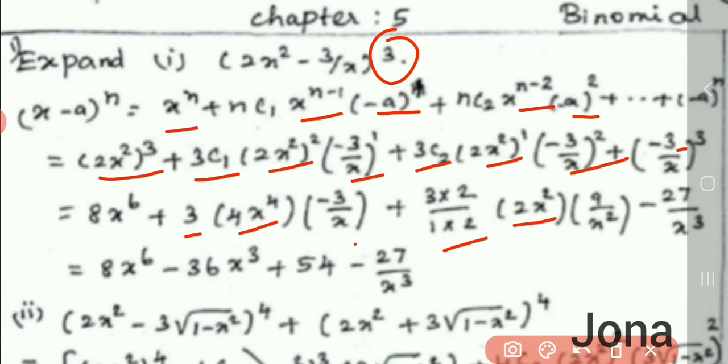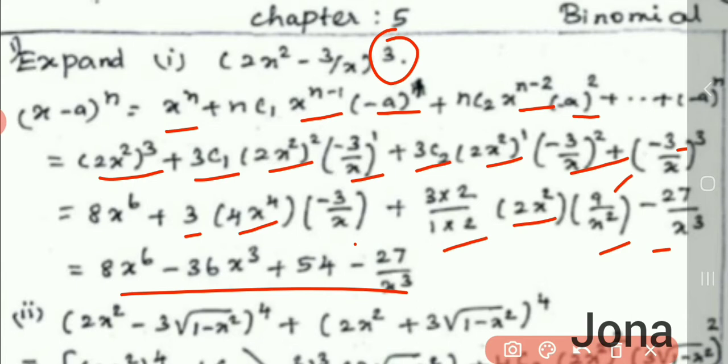Here we square the thing, so minus will become plus, 3² is 9 and x² is x². And (−3/x)³ is nothing but minus 27/x³. Then we cancel and multiply the terms, so that we have 8x⁶ − 36x³ + 54 − 27/x³.